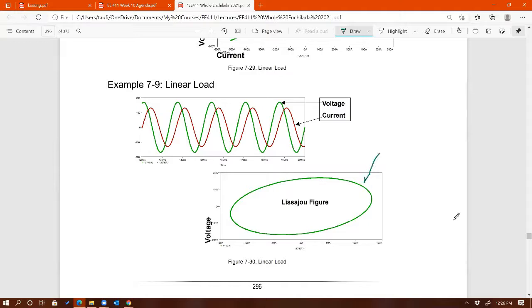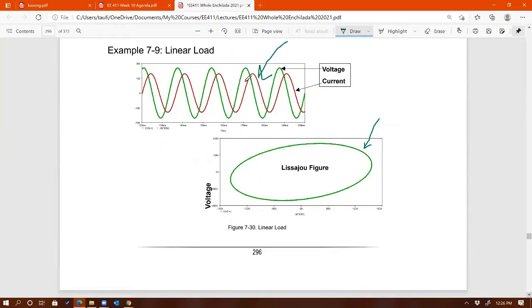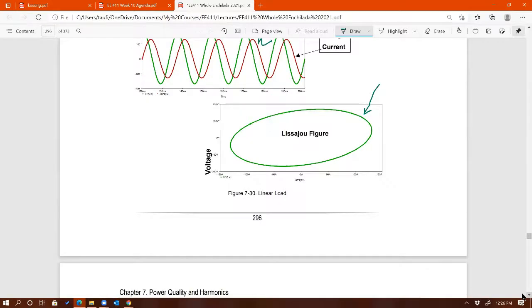Right there. That's the Lissajous figure for this example, where you have a lagging current. If the lagging phase angle of the current is exactly 90 degrees, then you're going to end up with a circle, right? So that's an indication that the load is linear.